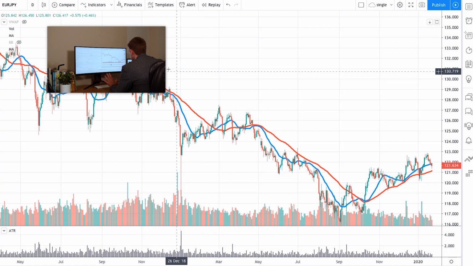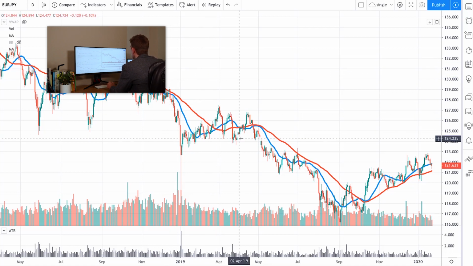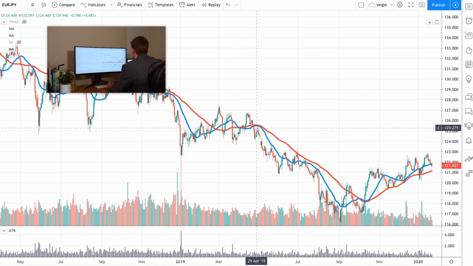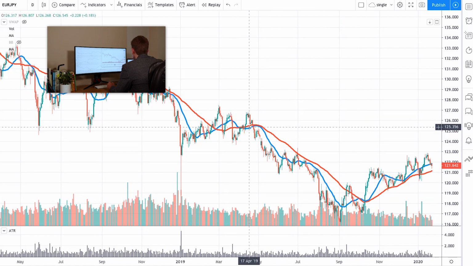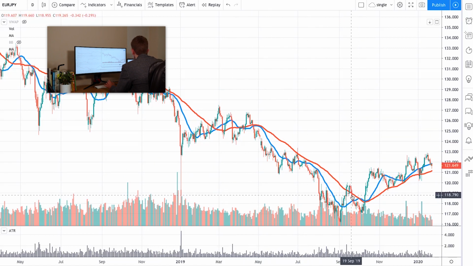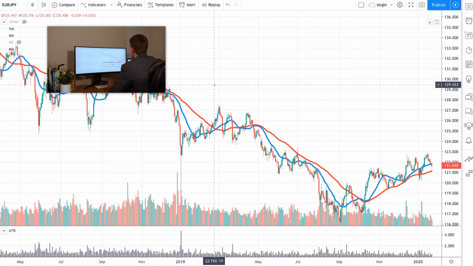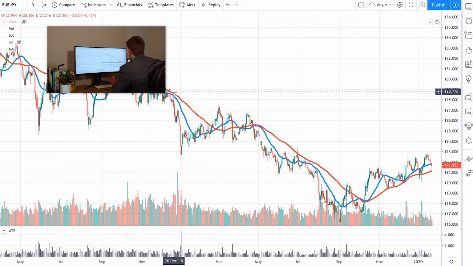For example, if you went short as the fast moving average here crossed over the slow and you're triggered here short, you are holding this all the way until it eventually crosses back over around about here. So you're getting a good, whatever that is, 600 pips move on this Euro JPY trade. So that's a nice trade to be in.